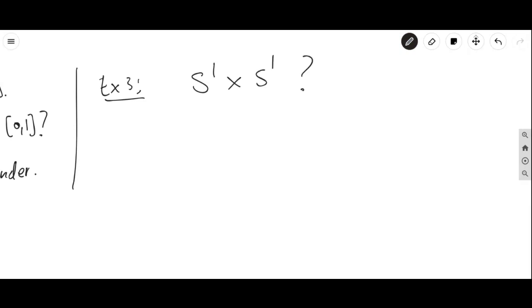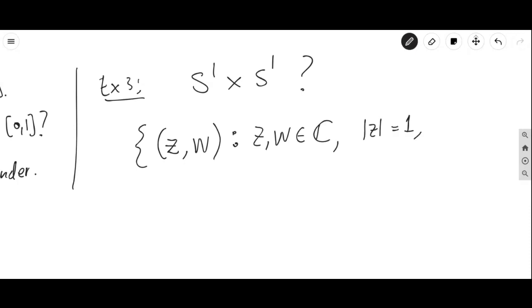Now you could, of course, say that this is the set of pairs (z, w), where z and w are complex numbers, and the norm of z is 1, and the norm of w is 1. On a very formal level, that is what that is, right?